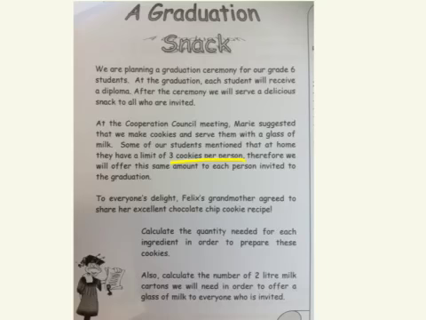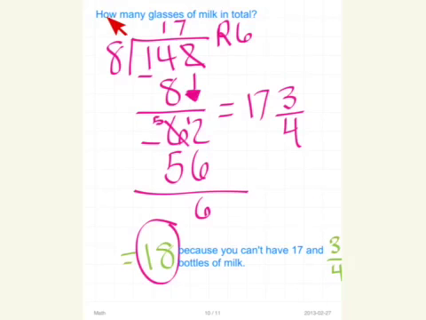The one last thing that I did not put in my poplet was that they said to also calculate the number of 2-liter milk cartons we will need in order to offer a glass of milk to everyone who is invited. Remember that 142 people were invited. My calculation, how many glasses of milk in total? I divided 142 by 8.